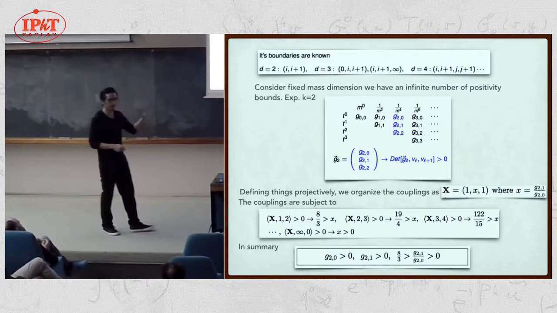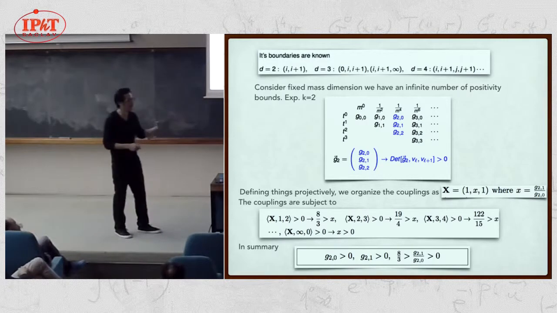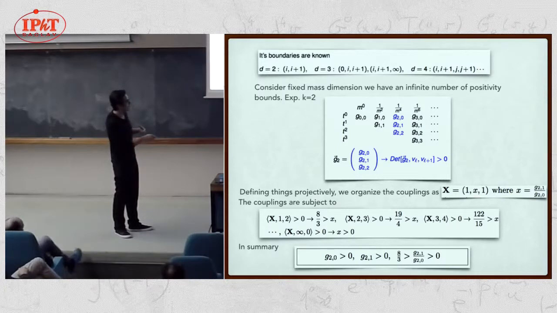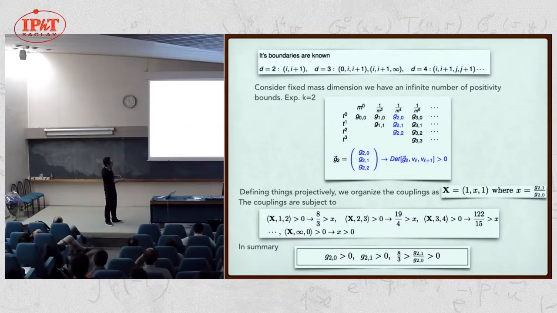Of course, from symmetry, you know that the coefficient for s squared has to be the same as the coefficient for t squared. So basically, you really have just 1 degree of freedom, which is the ratio between the st over the s squared. So you can put this into the bounds. So this vector here with 1, 2 has to be bigger than 0, 2, 3 has to be bigger than 0, and so on and so forth.